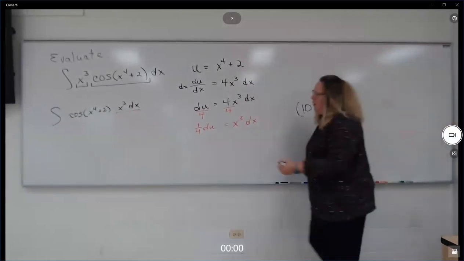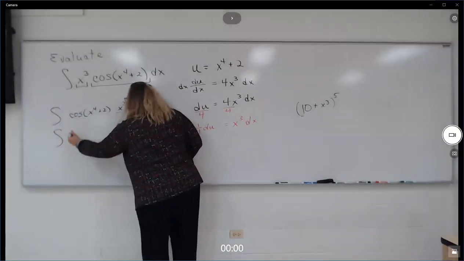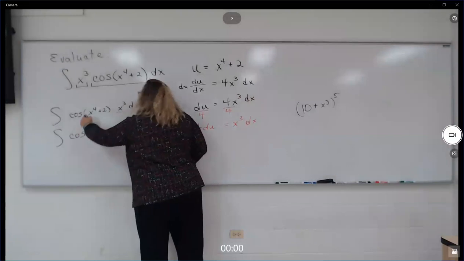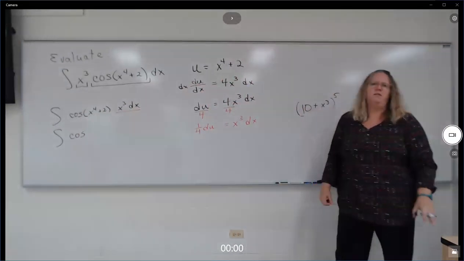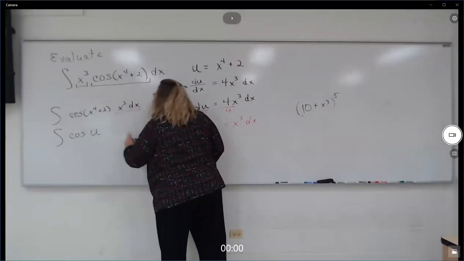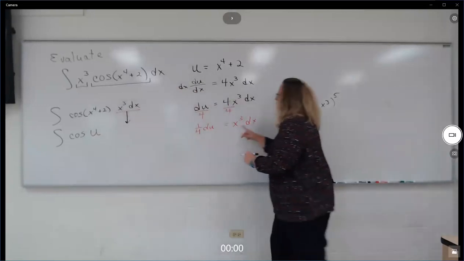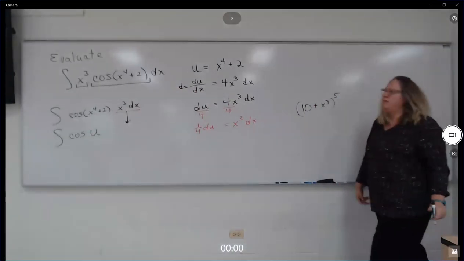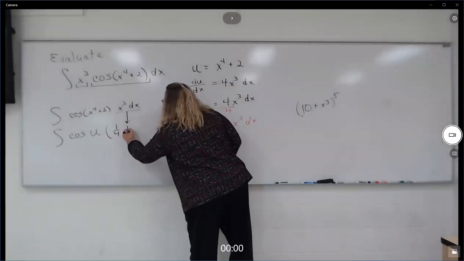Okay, so now, integral, cosine, but we don't have to write this. What can we write instead? Cosine of u. And then in place of x to the third dx, 1/4 du. This is now going to be 1/4 du.